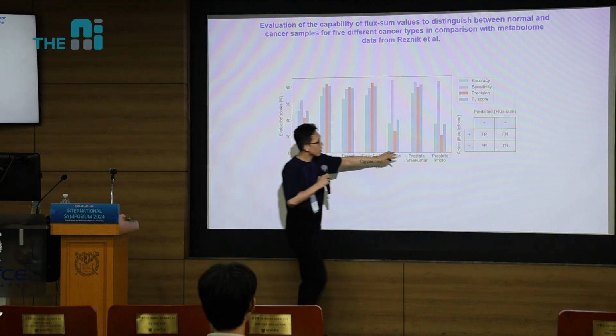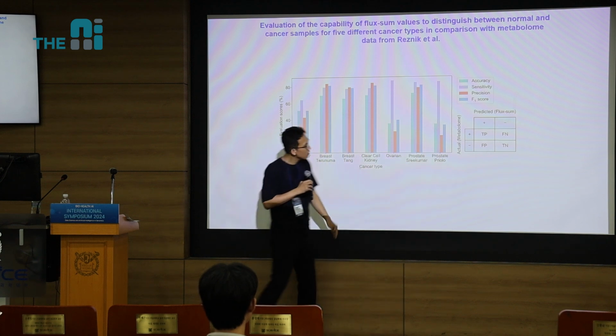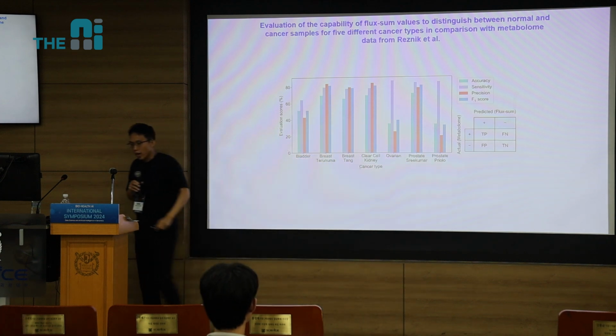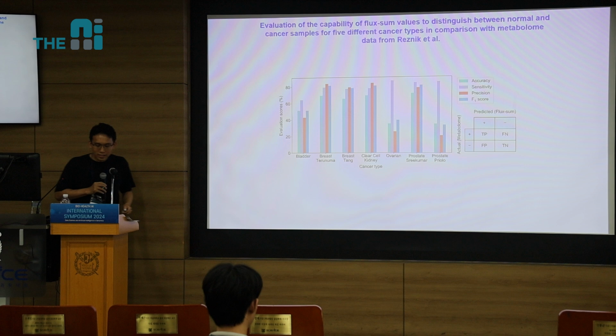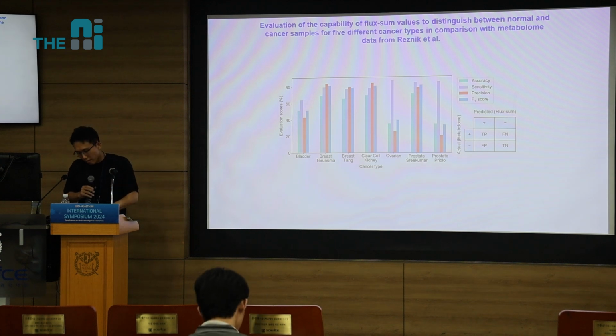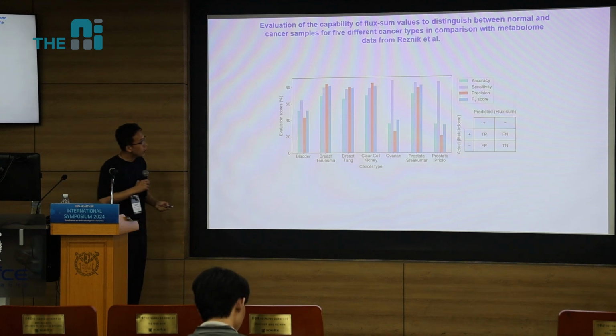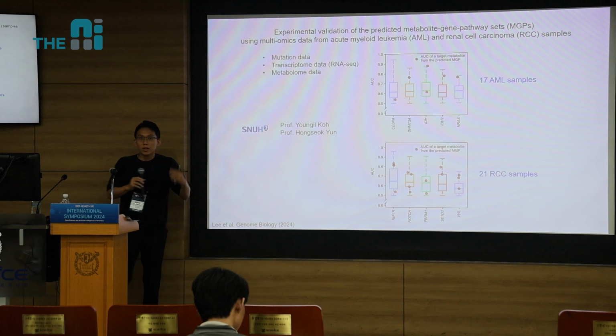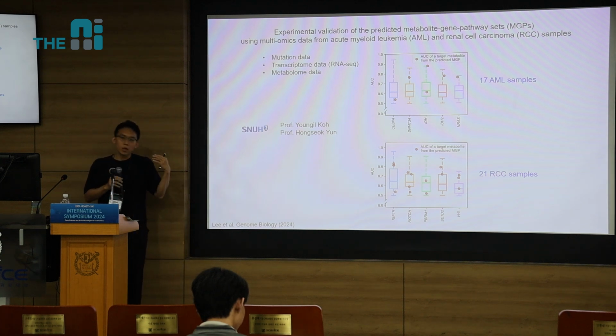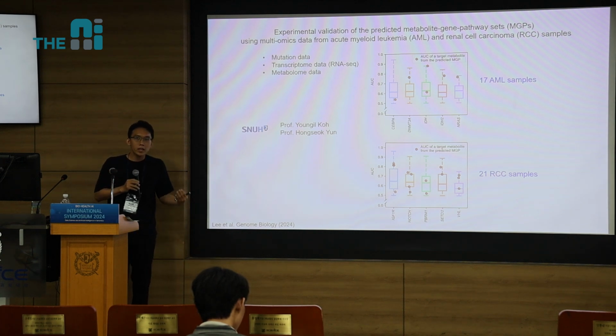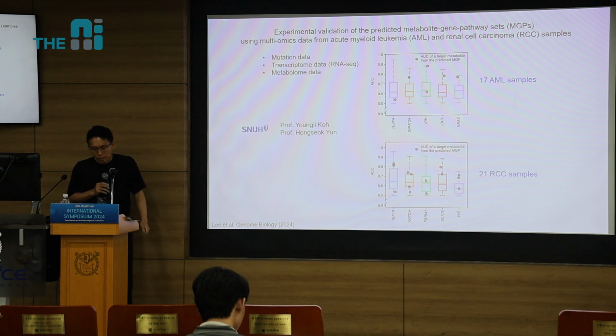There are some poor cases, but most of the time we were happy with the capacity of Fluxum values for this discriminating power. Now, once the predictions are made, then we obviously have to validate the predicted oncometabolite candidates.